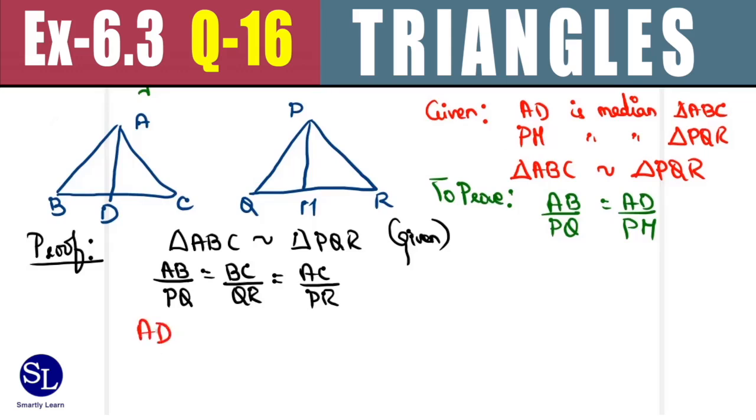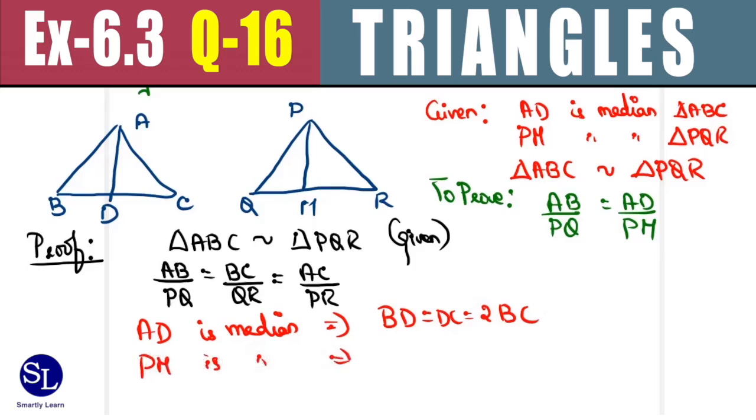So AD is median. Therefore, I can write this as BD is equal to DC is equal to half of BC. Similarly, in this triangle, PM is median. So I can extend this and say that QM is equal to MR is equal to half of QR.